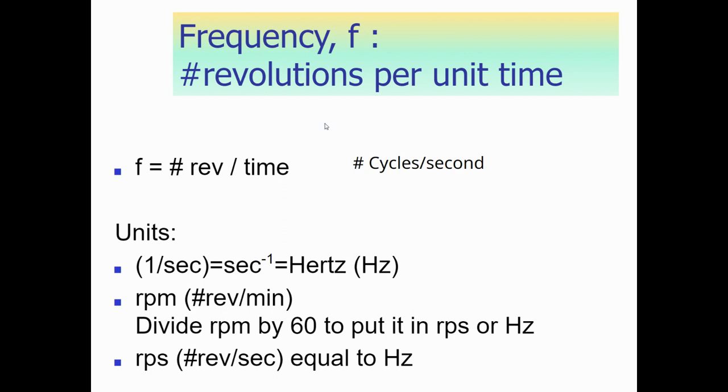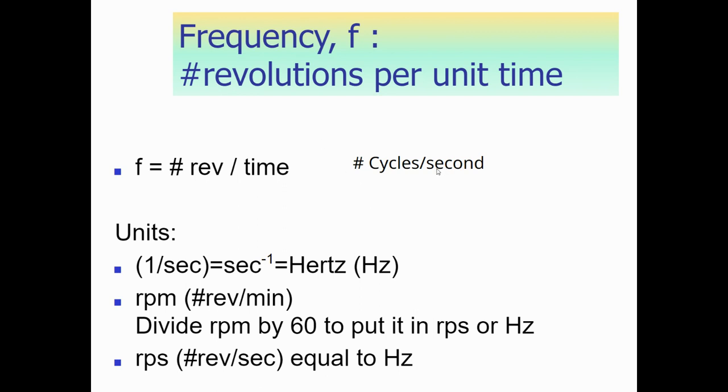You would need frequency in certain problems in order to help solve for the linear velocity or tangential velocity, v. This will be used at some point. So just frequency, lowercase f, number of revolutions per time; write down number of cycles per second.